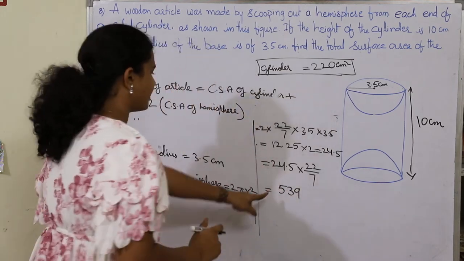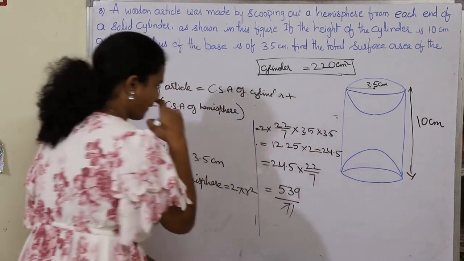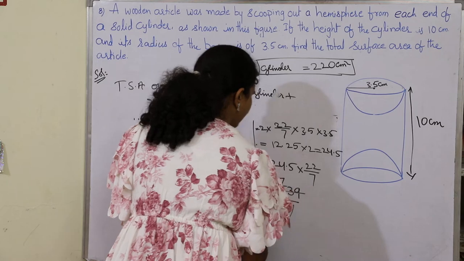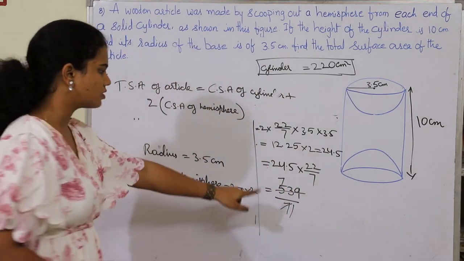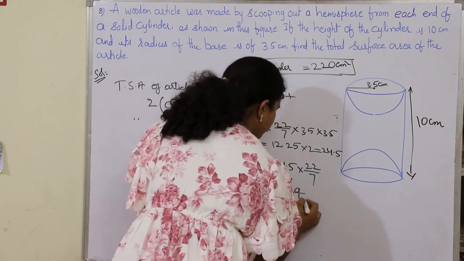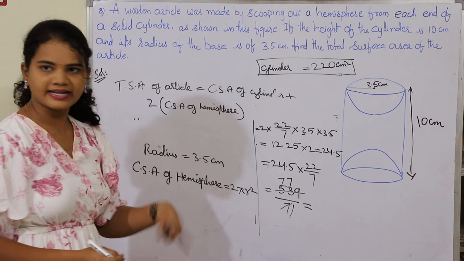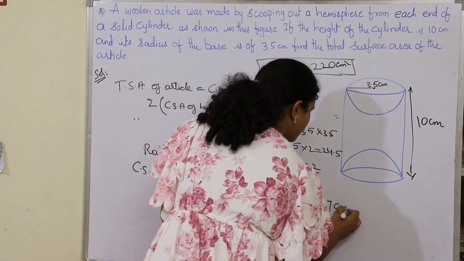Okay, 539 divided by 7. Where 7 1s 7, and 7 7s are 49, right? So 53 minus 49 gives 4. So 49 again. So this gives 77. So I can write like 77 centimeters square again.